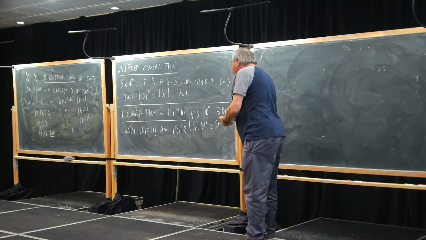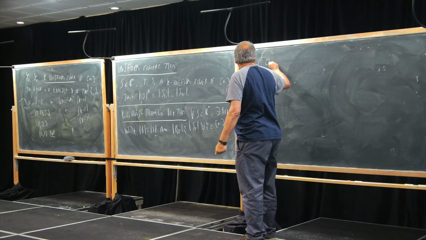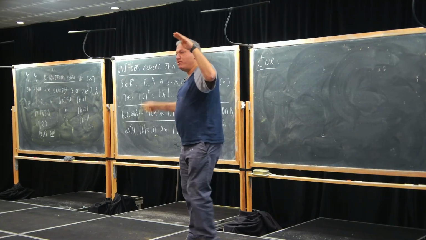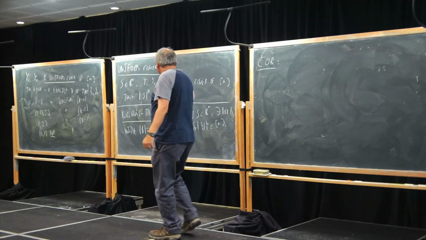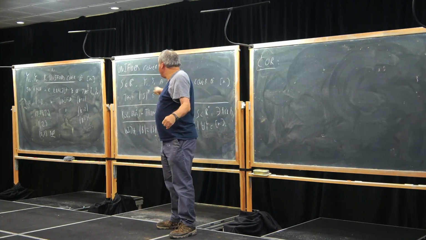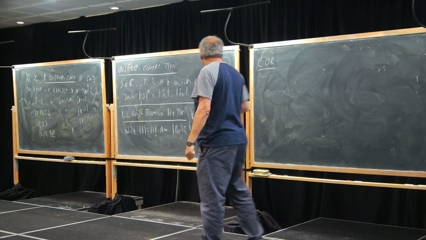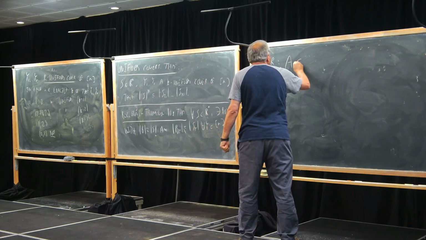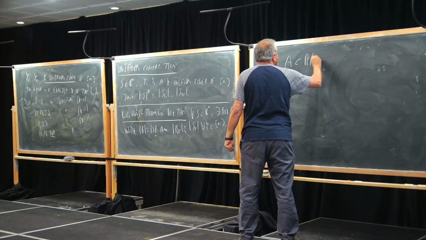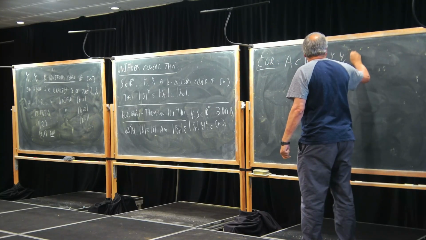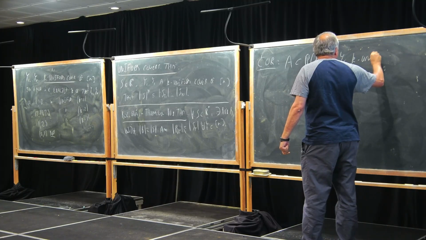I'll mention a corollary of this about set systems. So this again says if you have a k-uniform cover, if all the projections are small, then this is small. If you decode that for sets, here's what you get. Suppose I have A living in the power set of X, and again, Y_1 up to Y_r, a k-uniform cover.